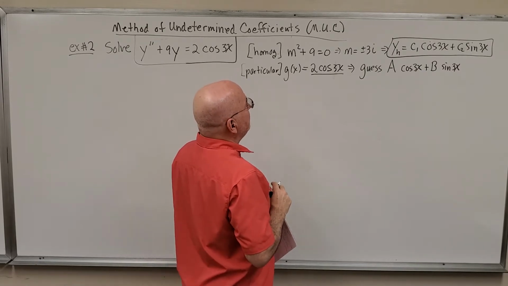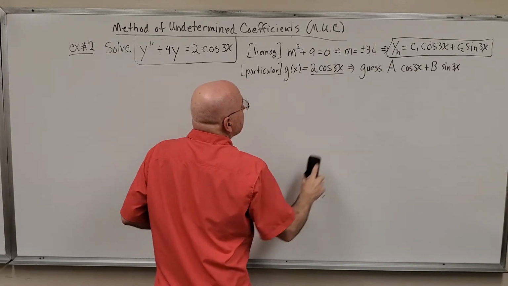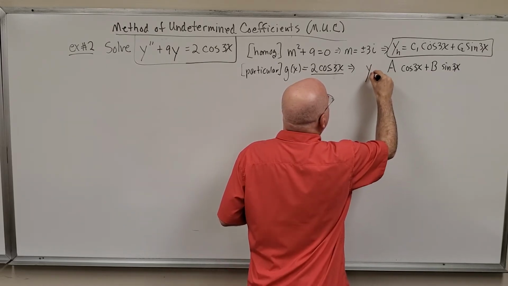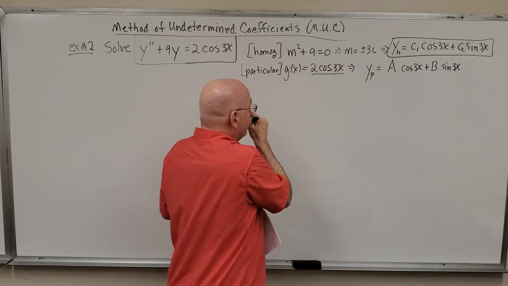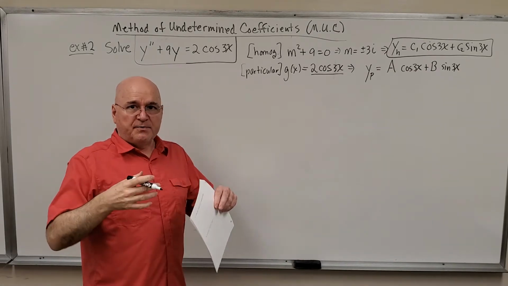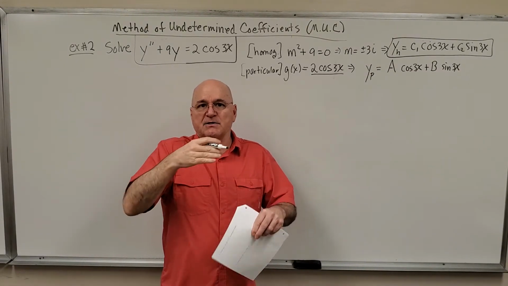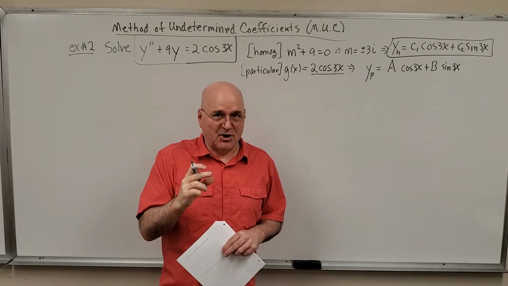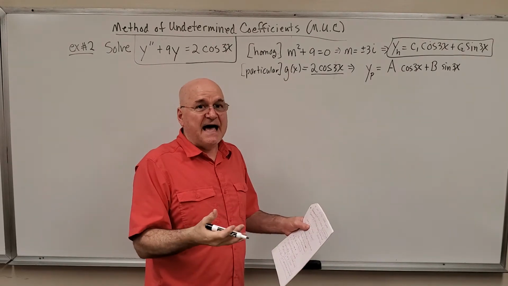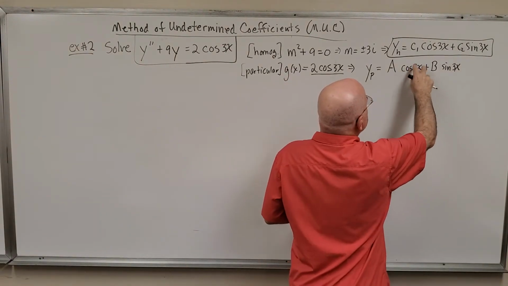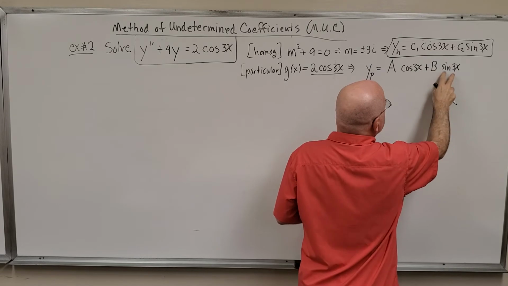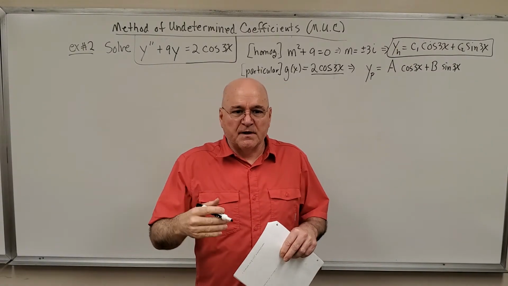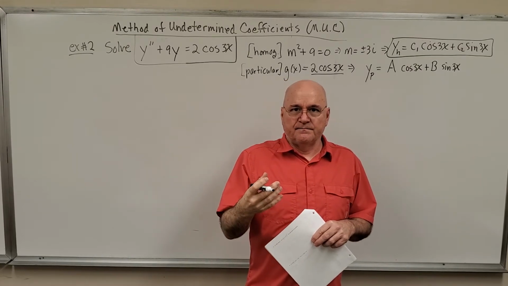But remember the situation where the particular solution, y particular, overlaps with the homogeneous solution? That's a problem, and in our case, it's exact: constant times cosine 3x plus constant times sine 3x. If you don't remember what you do, all you need to do is multiply it by x.